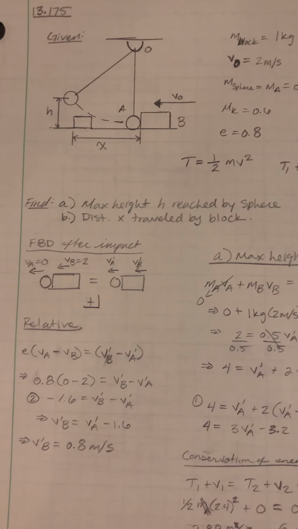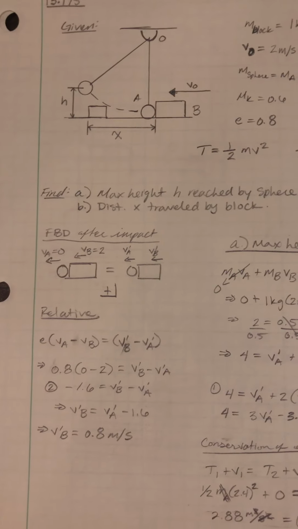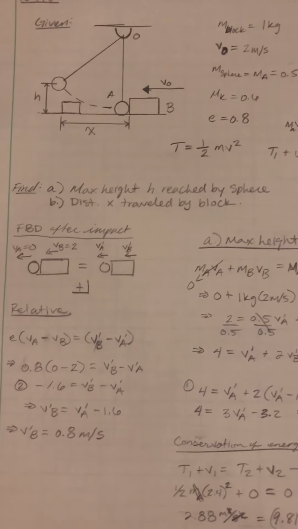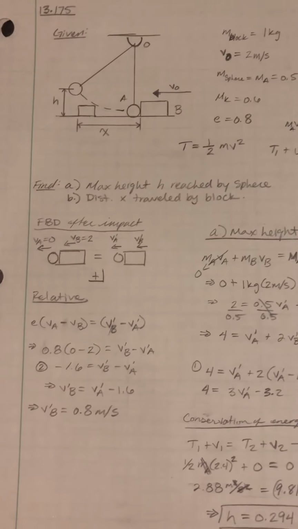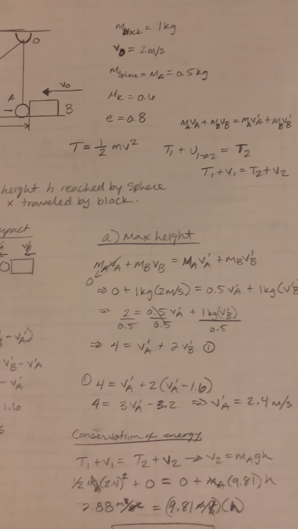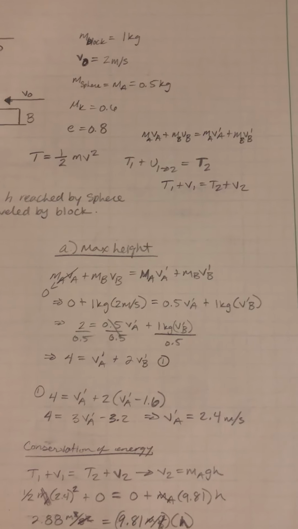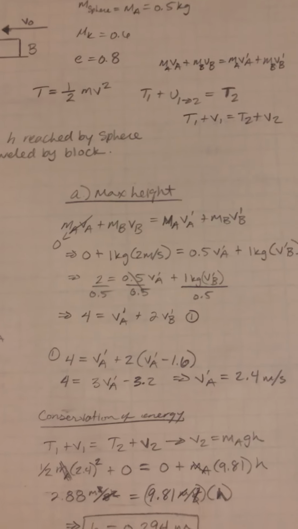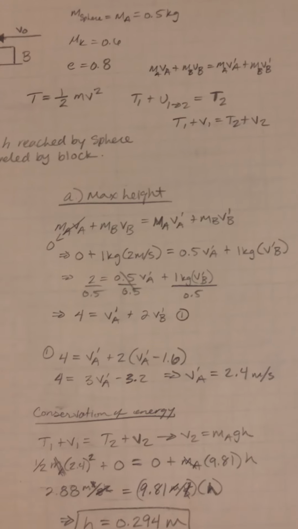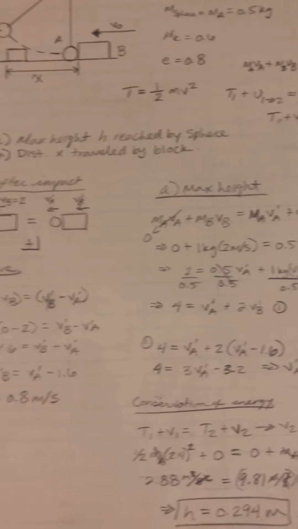So with the free body diagram after impact, and using a similar equation that we used in the previous problem to find the max height, we once again set it up the same way. And we're able to find the first equation, v prime a plus 2 vb prime is equal to 4.